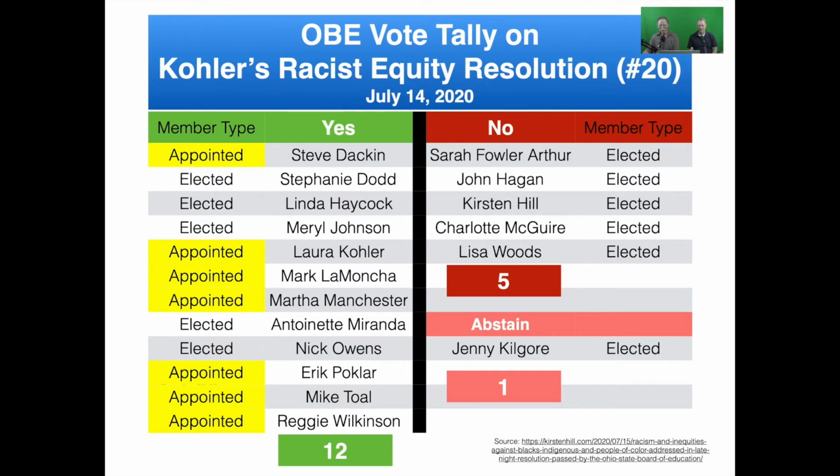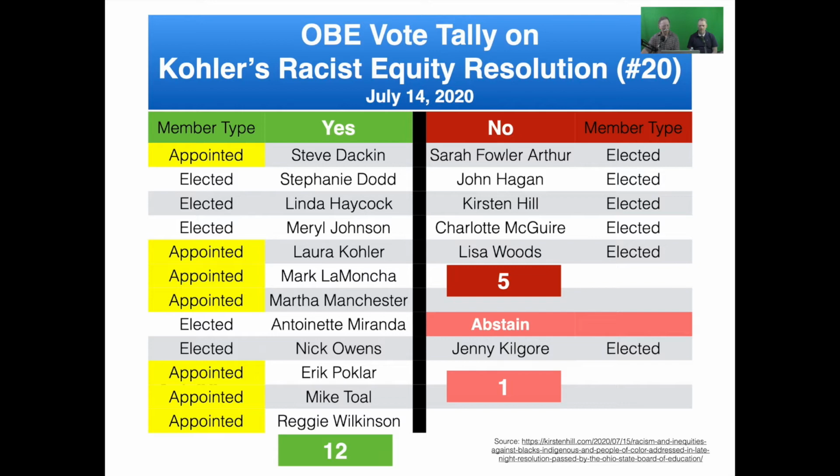So yeah, the chart that you're looking at, I put together. This was looking back again at that resolution, the fateful evening at 11 p.m. that the board voted on Kohler's, what I call the racist equity resolution, and this gives you insight into those appointed members and how they influence this resolution.